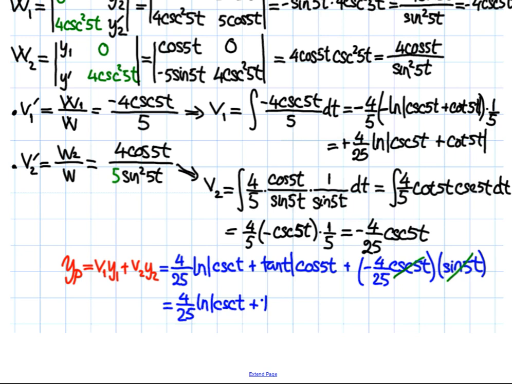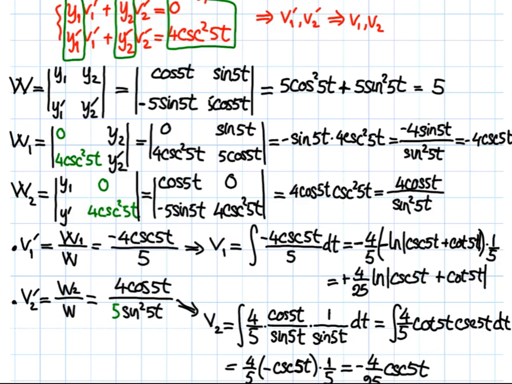Sorry, it's not tangent, it is cotangent of 5t, cosecant of 5t, and then minus 4 over 25. So that is the particular solution.